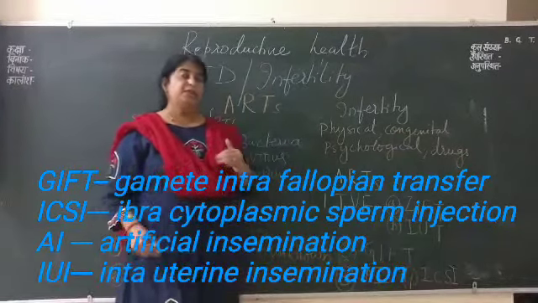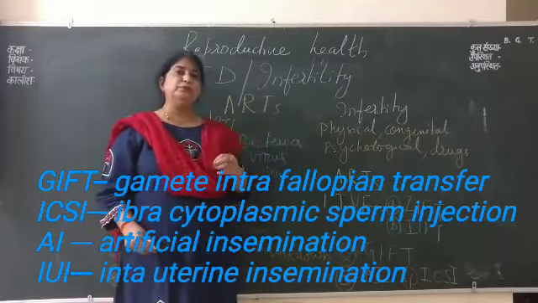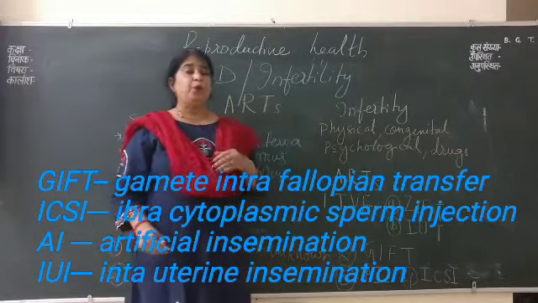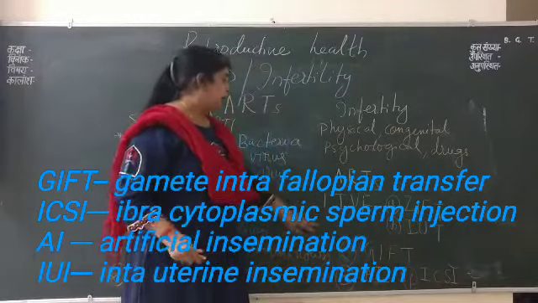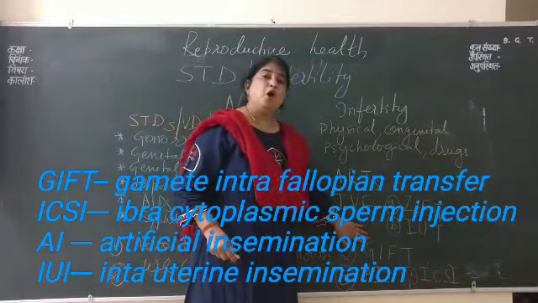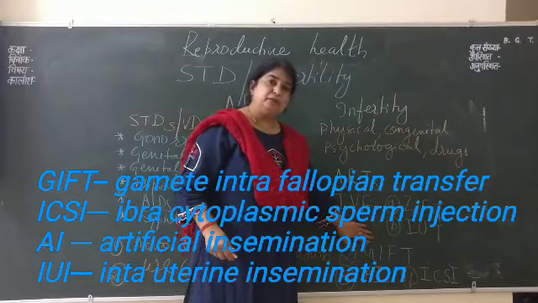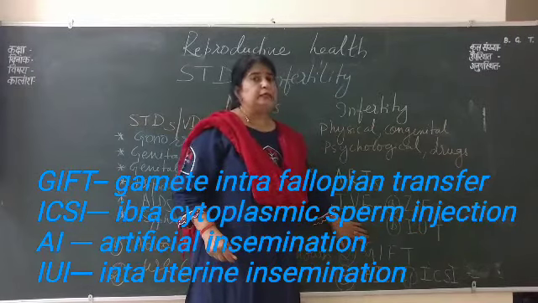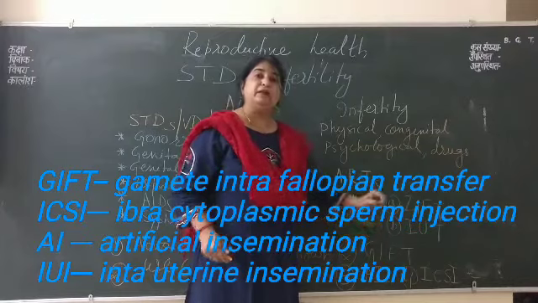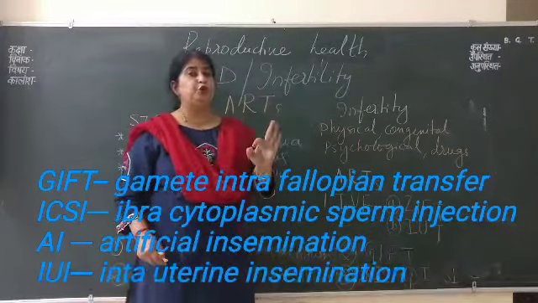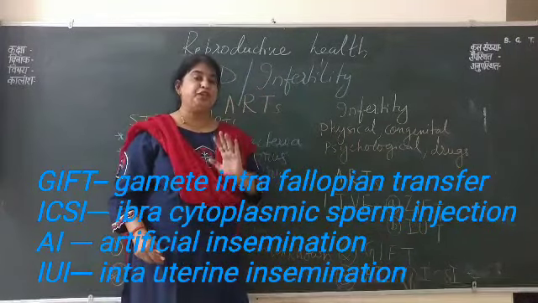So the eggs from a healthy female are taken and inserted in the fallopian tube of the other female, and then fertilization can take place, because the condition is that one of the fallopian tubes should be functioning normally.